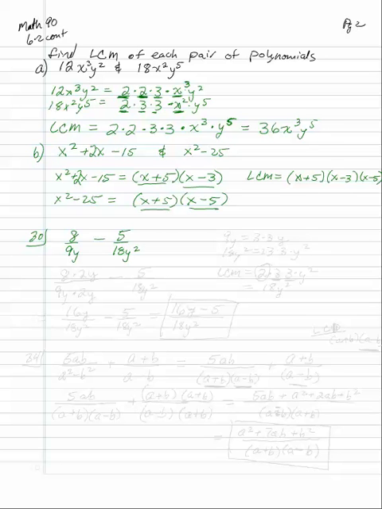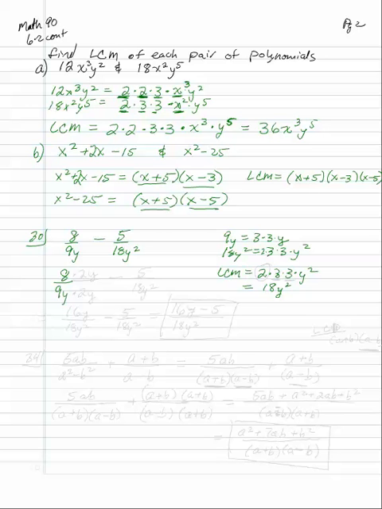So we do what we did up there. 9y is 3 times 3 times y. 18y squared is 2 times 3 times 3 times y squared. So the LCM will be, I need 1 2, 2 3's, and y squared. So it's 18y to the second.